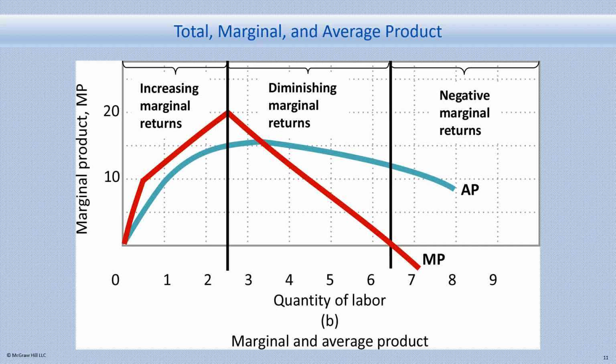To pull the average up, you're going to need something greater than 89. A score above 89 on the 11th quiz will pull the average of all of your quizzes up, and 88 on the 11th quiz would pull the average down. The marginal pulls the average in its direction.